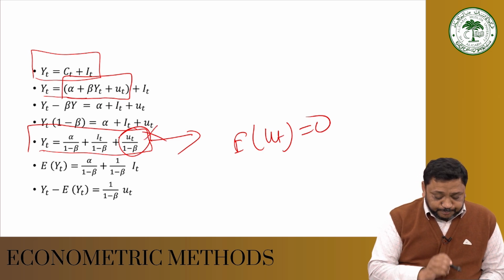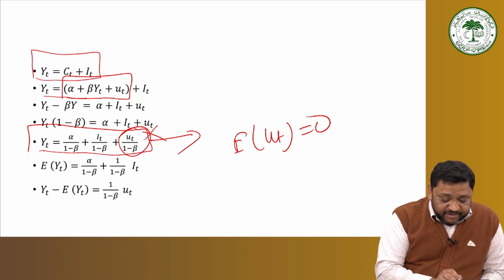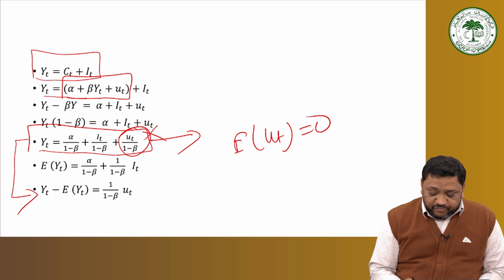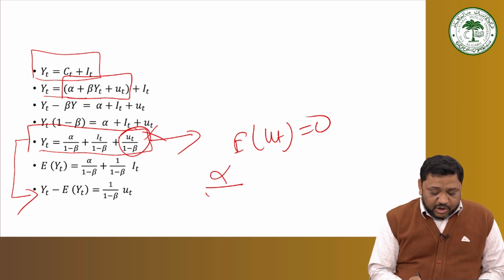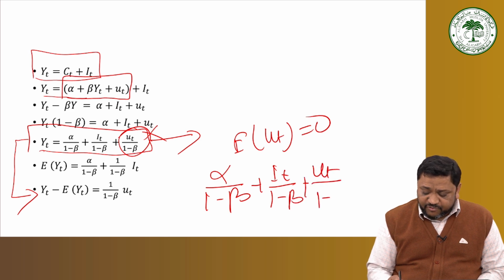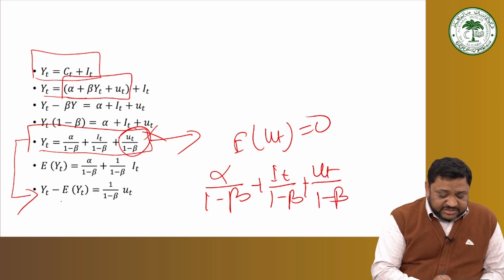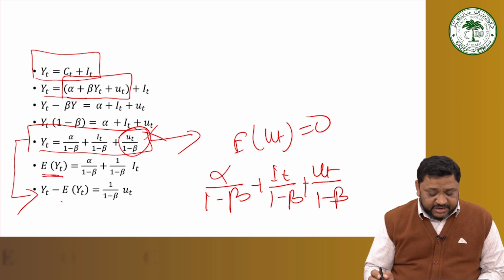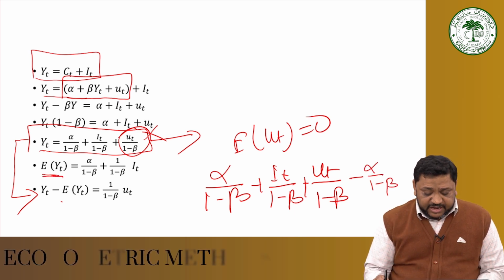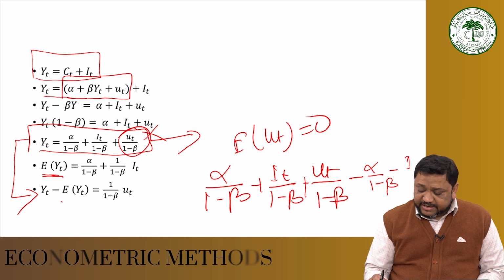Then we have our equation of yt, and this is the equation of the expected value of yt. So the yt equation is alpha over 1 minus beta plus it over 1 minus beta plus ut divided by 1 minus beta, minus the expected value of yt, and this is equal to minus alpha over 1 minus beta minus it divided by 1 minus beta.